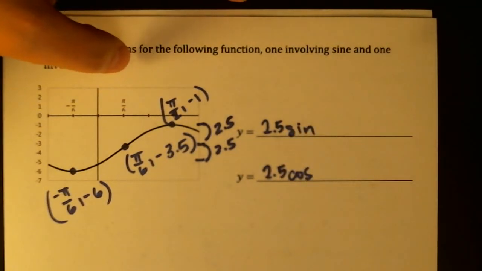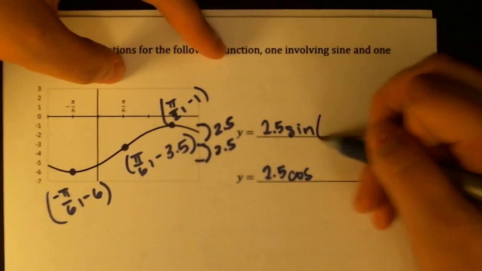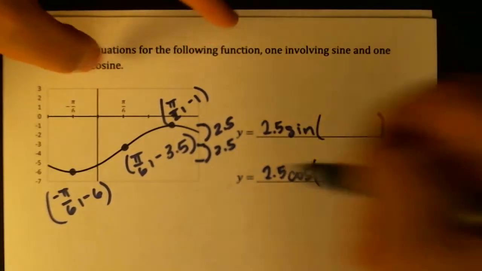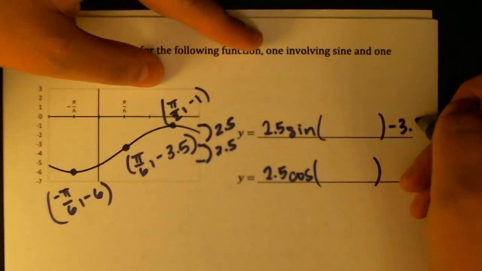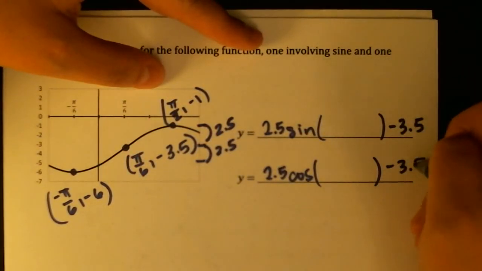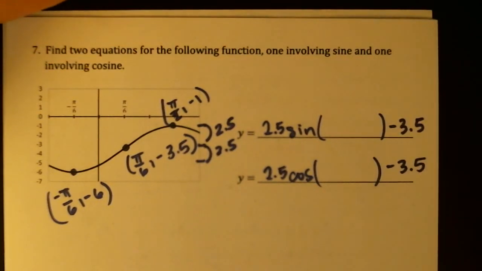Otherwise, it's only going to go up and down 1. We also know that our equilibrium is at negative 3.5. So again, for either one of these, you need to shift down 3.5 so that that's your middle.